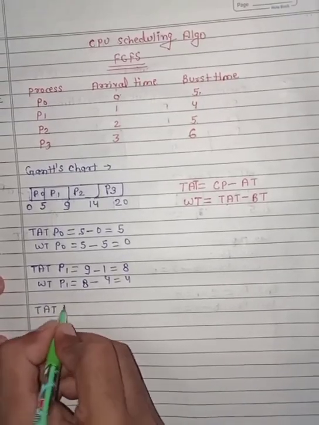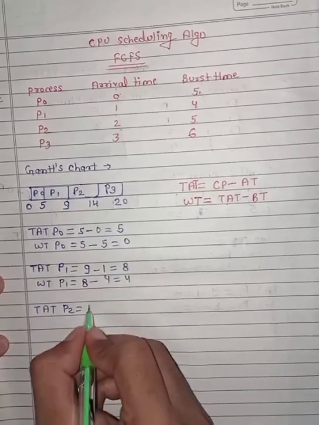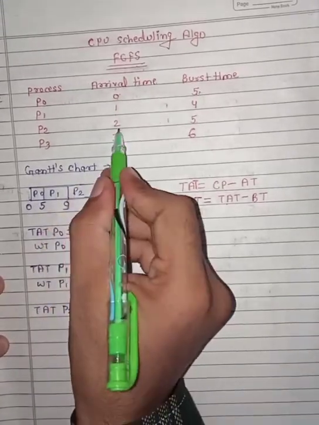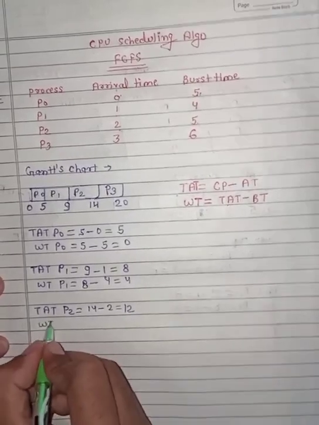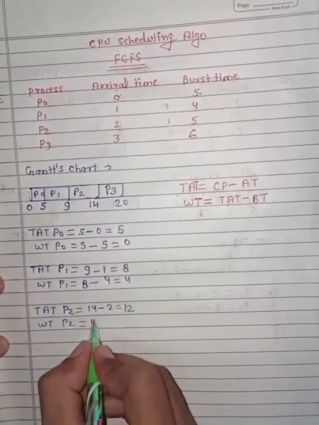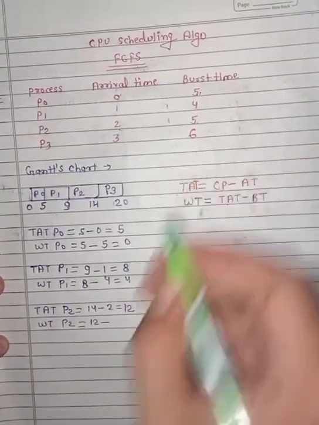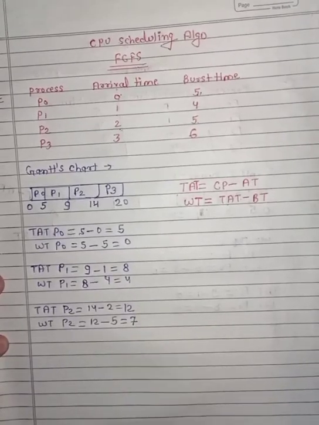Now the turnaround time for process P2: completion time is 14 and arrival time is 2, so 12. The waiting time for P2 is turnaround time 12 minus burst time 5, so 7 units of time.